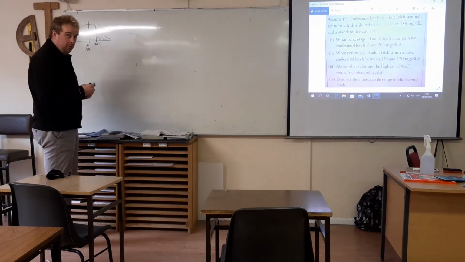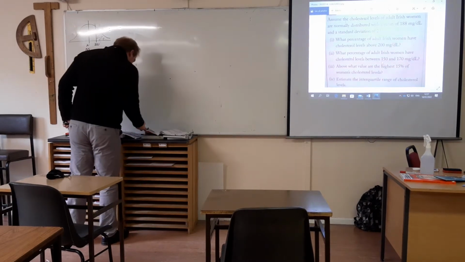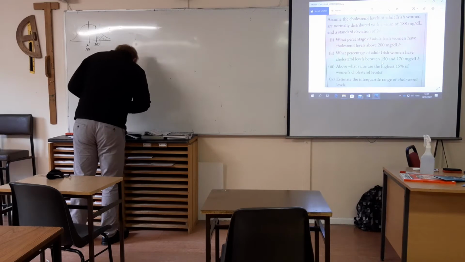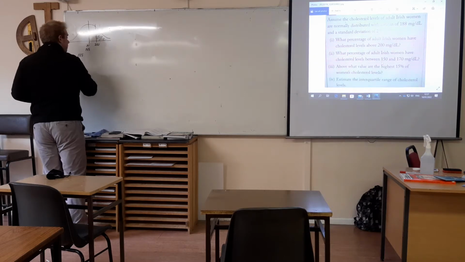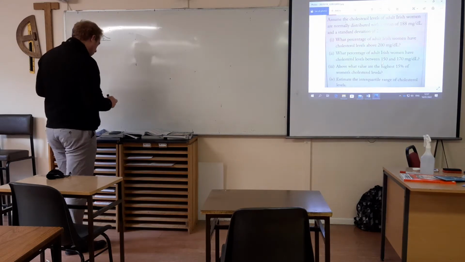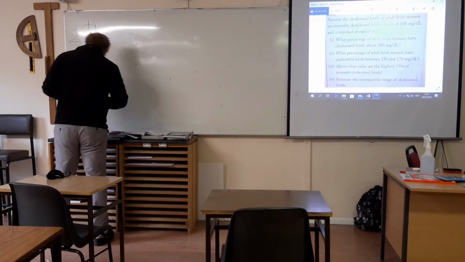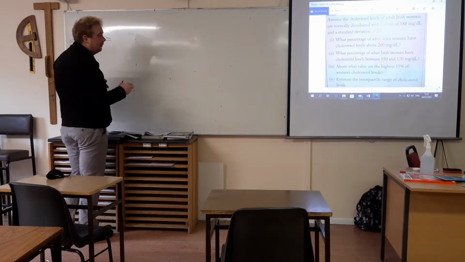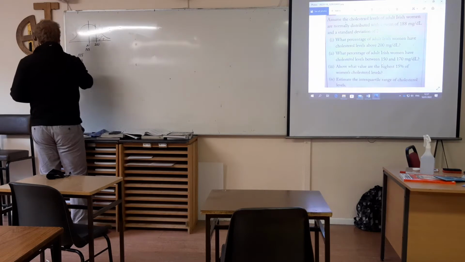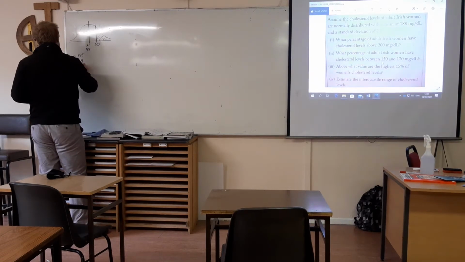So if we imagine this number here was the 200, we're looking at this side of the normal distribution curve. To solve that, we know that the mean is 188, and we know that the standard deviation, from the question, is 24. And the value for x this time, because it's greater than 200, x will be 200.